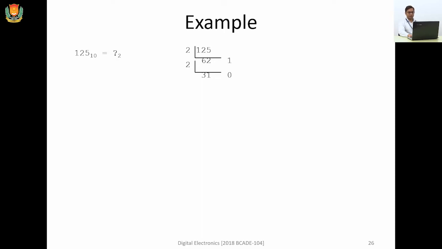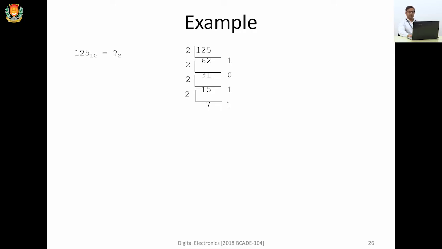We should write the remainders along with the numbers. Again, I am dividing 31 by 2. It is completely divisible 15 times and the remainder is 1.